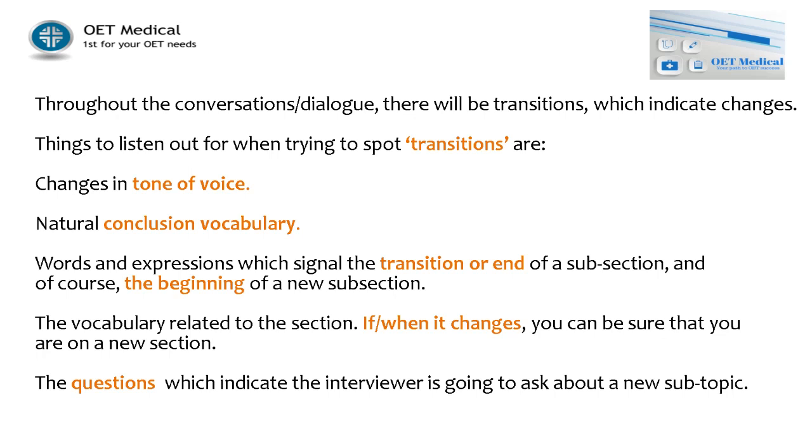Throughout the conversation, dialogue, there will be transitions which indicate changes. Things to listen out for when trying to spot transitions are changes in tone of voice, natural conclusion vocabulary, words and expressions which signal the transition or end of a subsection, and of course the beginning of a new subsection.